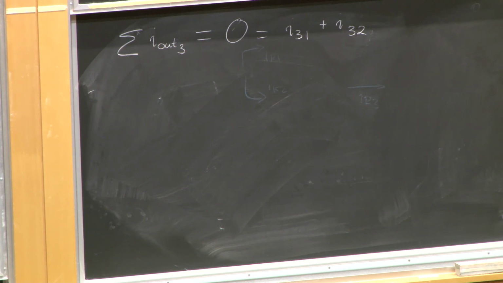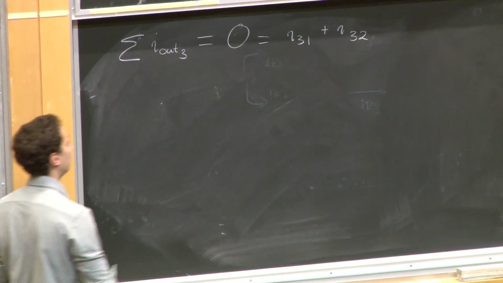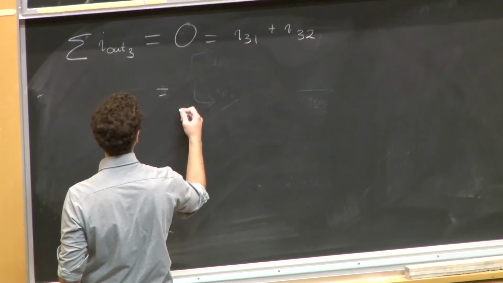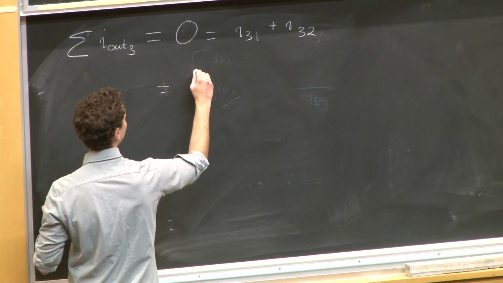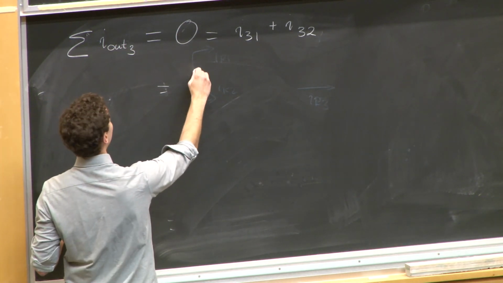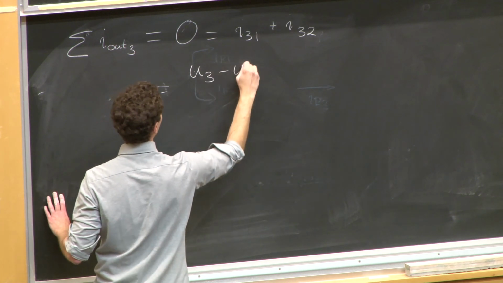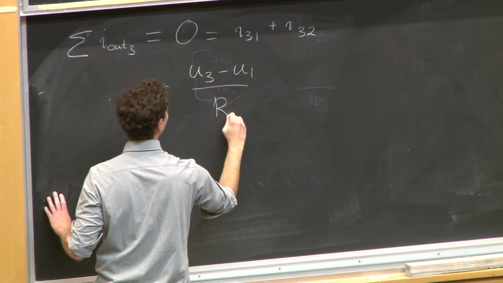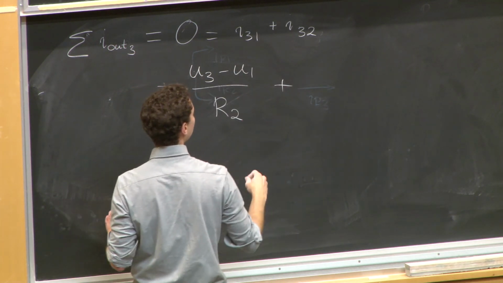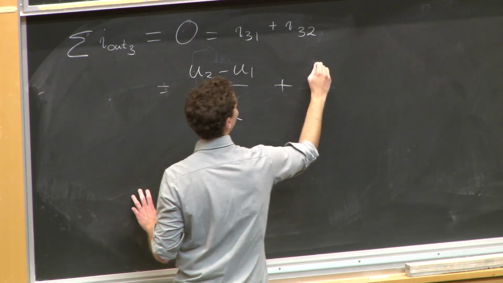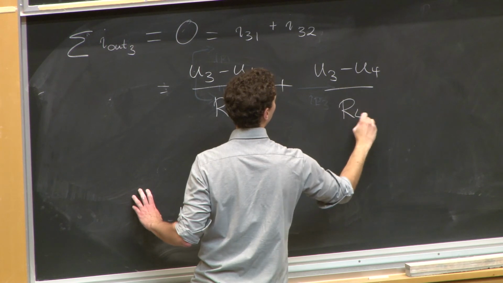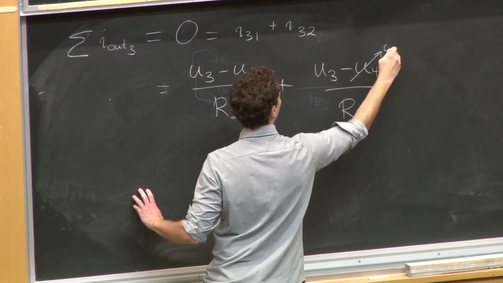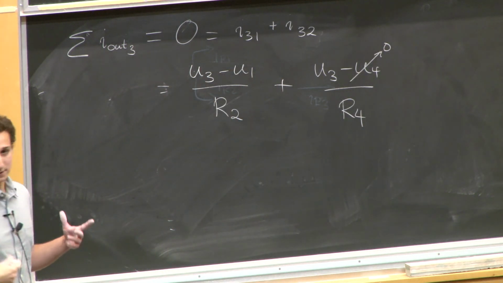Okay, so I31, it's far away from me, so someone's going to have to help me out here. What is this? U3 minus U1 over R2, thank you, plus U3 minus U4 over R4, thank you. And again, U4 is equal to 0. Why? Because I made it 0.